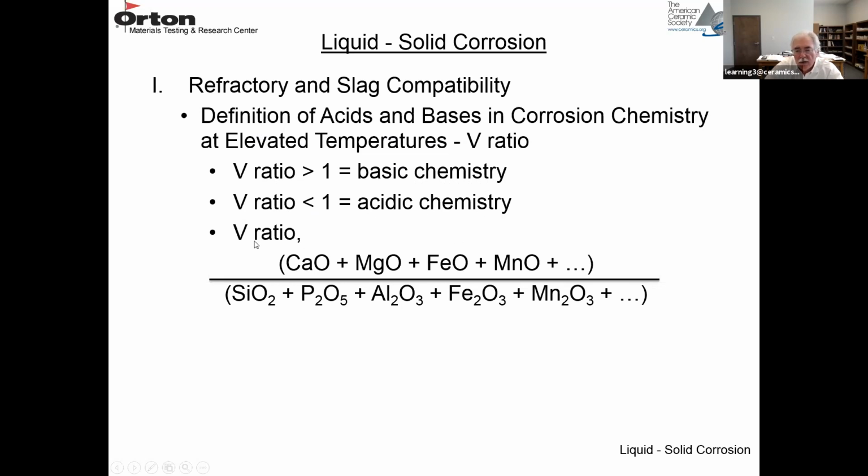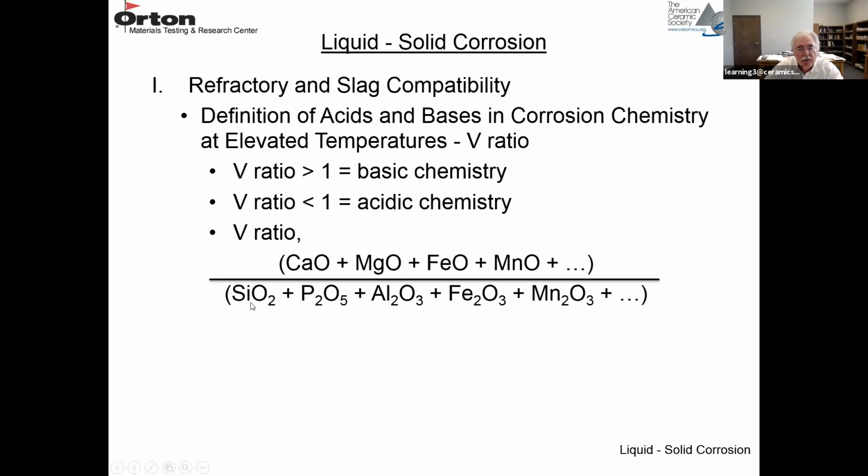So this is an expanded version of the previous simple version where you have additional components. In the numerator, we have the basic components, CaO, MgO, FeO, MnO, and so on.